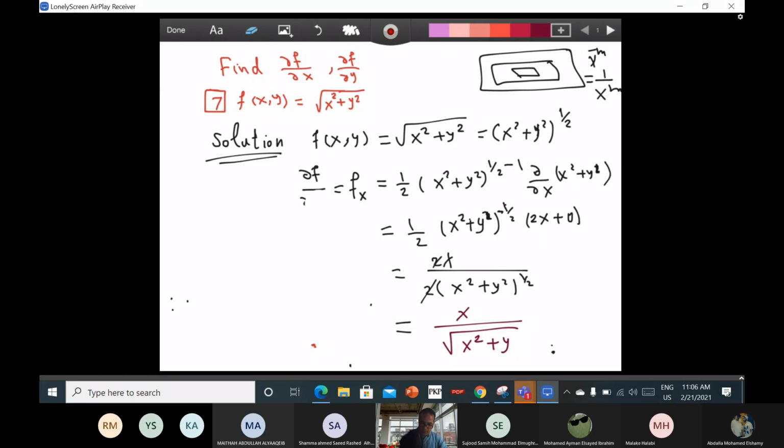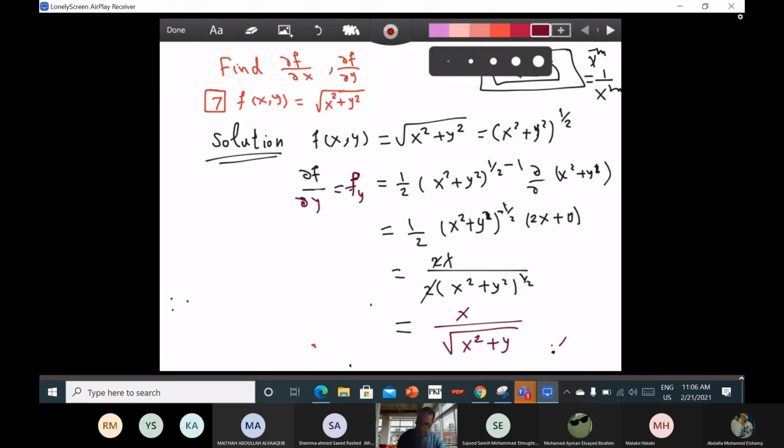So I delete this and I make it partial y. So this one will be with respect to what? y. So this is fy. I do the same, but in this case I change x to y.